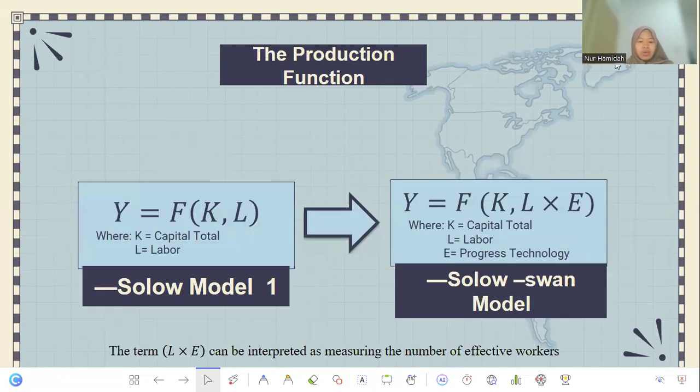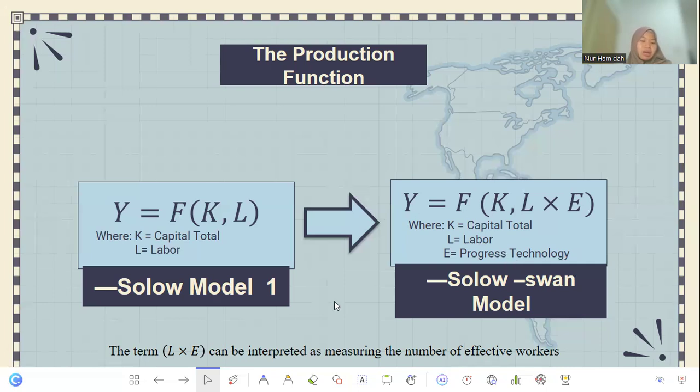Okay, when we talk about the Solow-Swan model, to incorporate technological progress we must return to the production function relating total capital, K, and total labor, L, to total output, Y. The Solow-Swan model differs from the Solow model because we add another factor, E, which is technological progress.